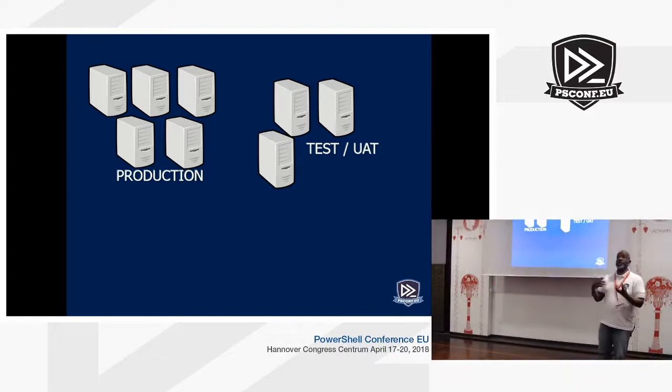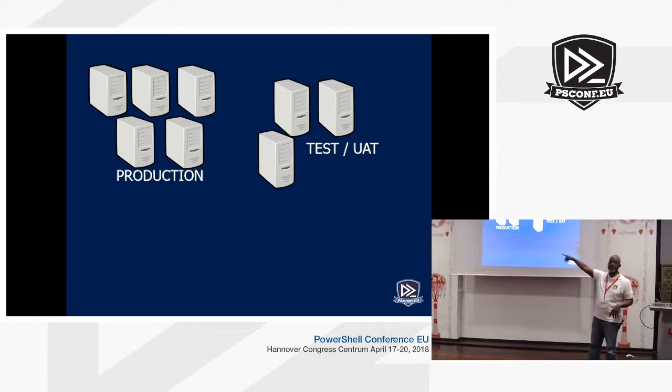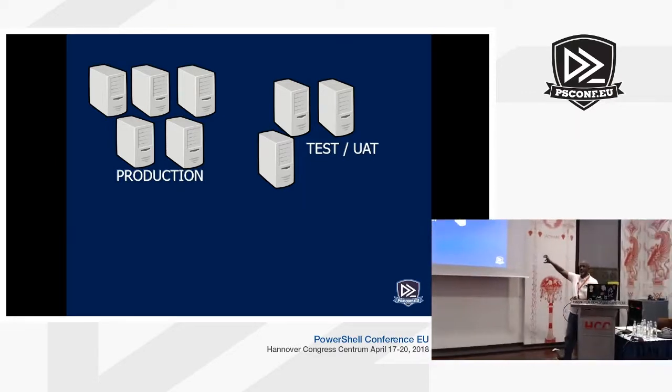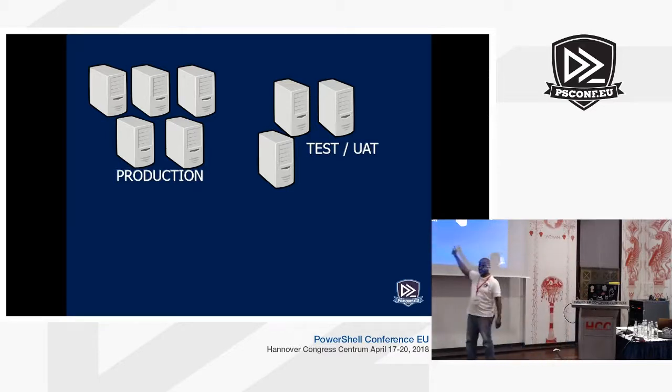So I want to make sure that I get them both. And I want to make sure that if one of these is an index server and one is a crawl server, I get those because those are different configurations. So I suck those out and I can then use DSC to make my new test environment. Now, what does that give me? That gives me an environment that is exactly the same as my production environment, just on a smaller scale.